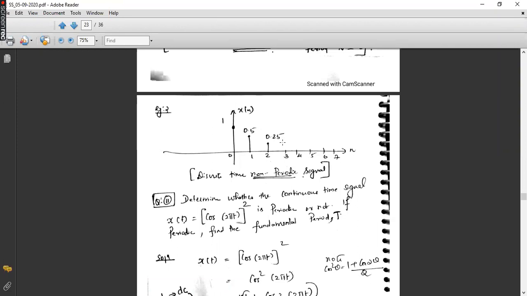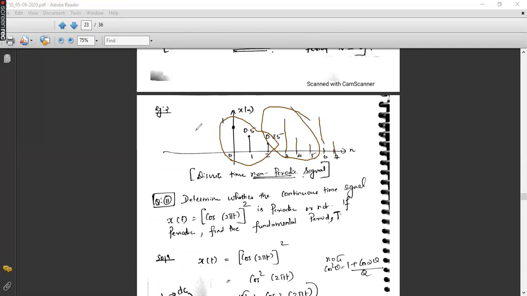If I can have 1, 0.5 and 0.25 at 3, 4, 5, then it would be fine. If you have a signal of 1 at 3, another of amplitude 0.5 at 4, and another impulse of 0.25 at 5, then the same pattern from 0 to 2 is repeating from 3 to 5, again from 6, 7, 8, like that.